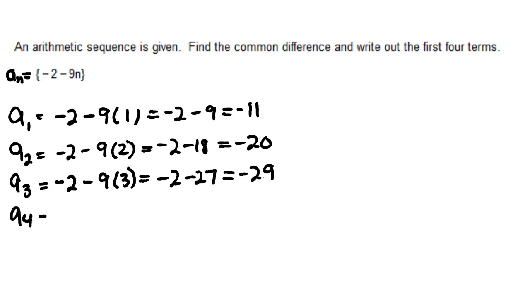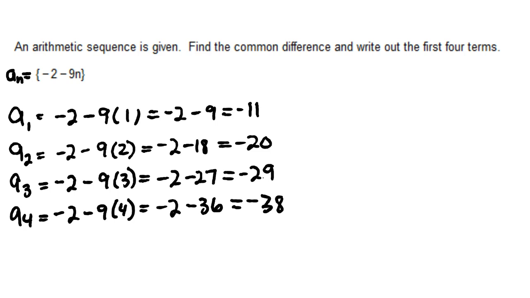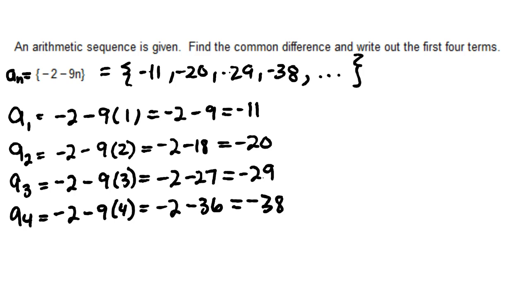The fourth term of our sequence is negative 2 minus 9 times 4. Negative 2 minus 36 is negative 38. So we can write our sequence as negative 11, negative 20, negative 29, and negative 38. And then use and so on to say that that pattern continues.